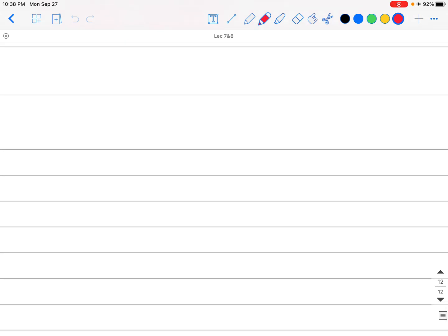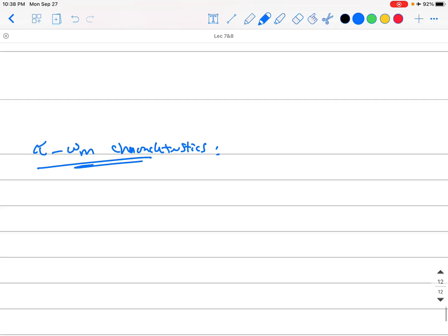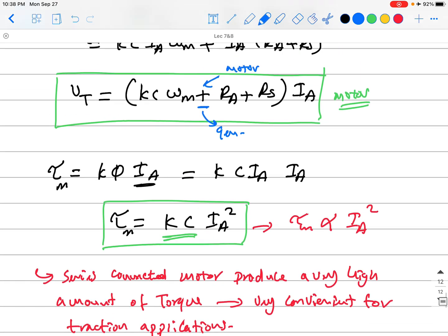Okay, but while it's so good in terms of producing a very high amount of torque, it will have a problem we'll be investigating now, while we look at the torque speed characteristics. Remember, as I said, for any kind of motor we'll be dealing with, we'll be looking at the torque speed characteristic of the machine, so that's very important here.